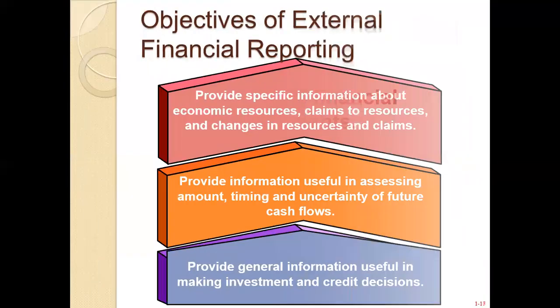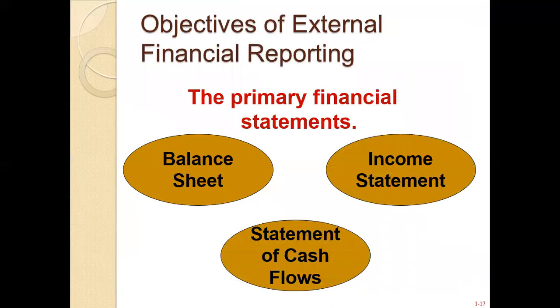Now further is the basic objective of external financial reporting. Now I am again repeating the financial statements. You can see the names of these statements: balance sheet, income statement, and statement of cash flow. I already discussed these statements. In the income statement, we want to see the profitability of a business.